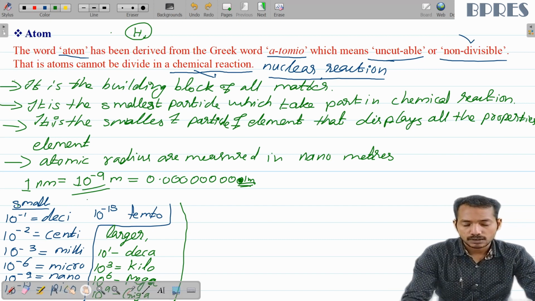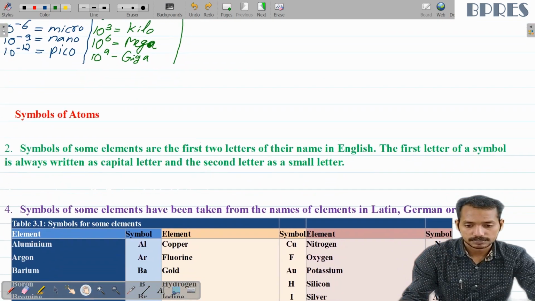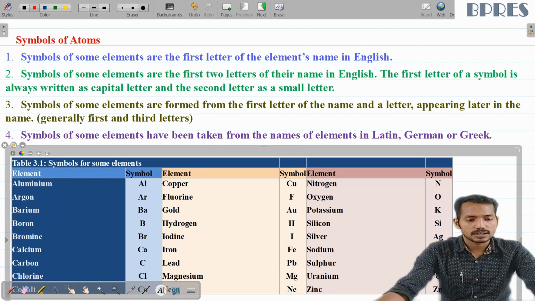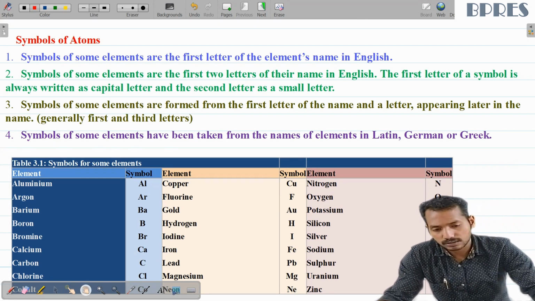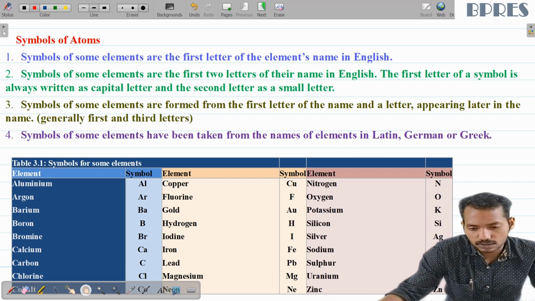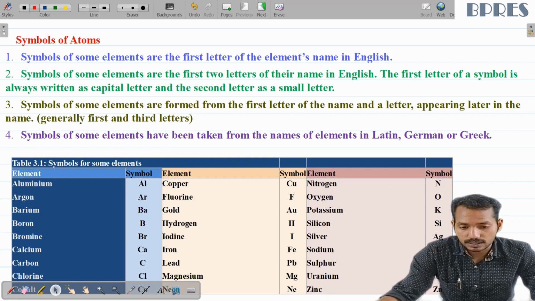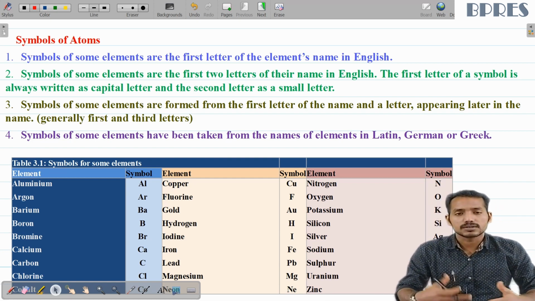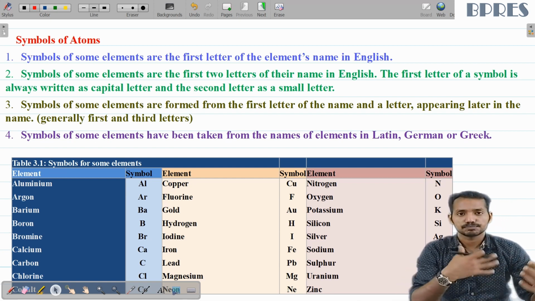Now we are going to discuss how to represent an atom by using symbols, how to give a proper symbol for atoms. That is quite a difficult task because there are more than 100 elements. It will be a little problematic because different people are going to give different symbols for different kinds of elements.